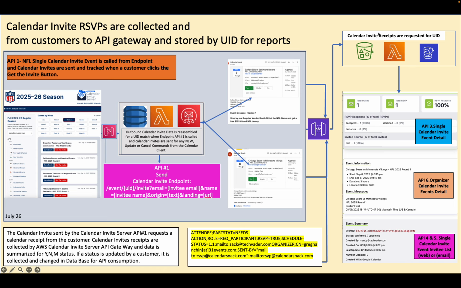Then we ingest that data and produce these high definition, granulated reporting pages specifically on an event basis. So you see the event information, the event messaging, the event summary, and then the totals for accepted, declined, and tentative on the data map for this specific event, Chicago Bears versus the Minnesota Vikings. This was an NFL game from a few months ago.